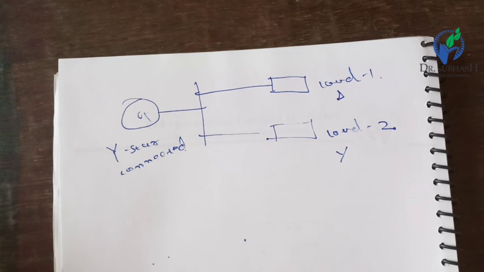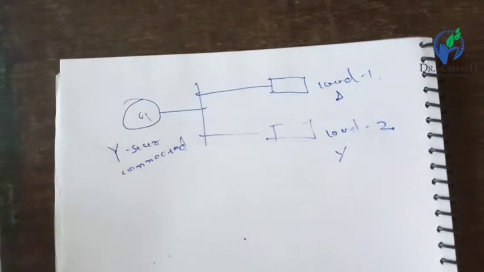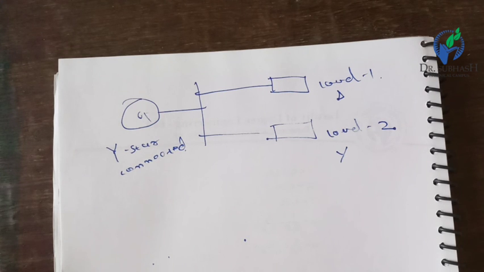The following parameters are considered. First of all, the line voltage at the generator and the load will be identical, since the line is lossless. The next one is the real and reactive power on each load.